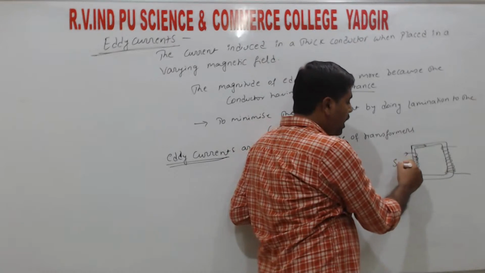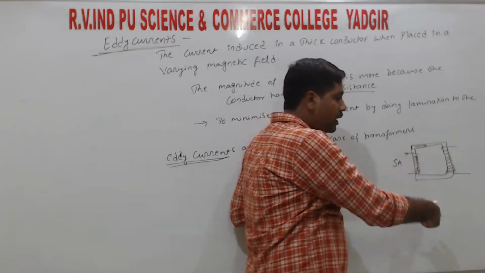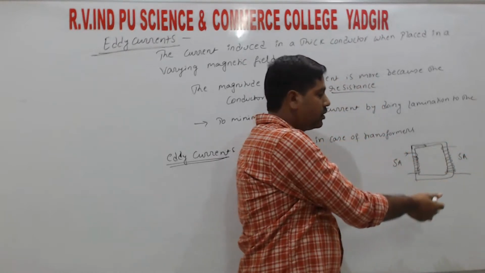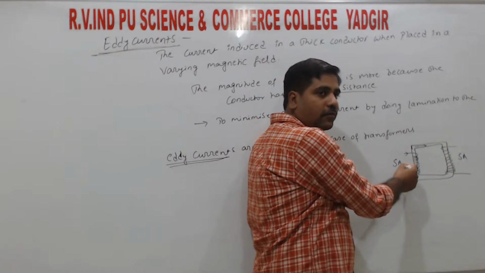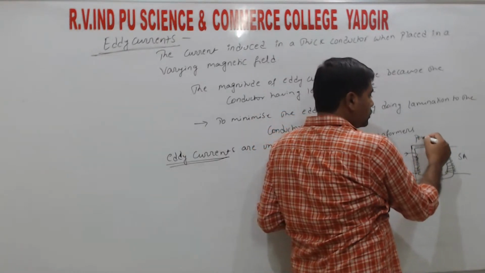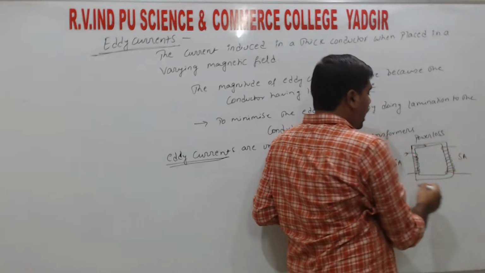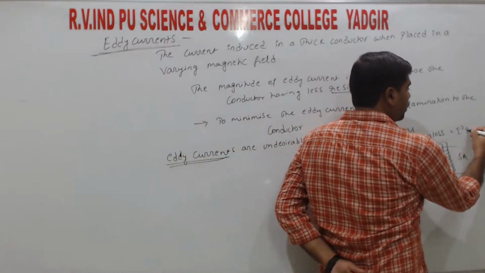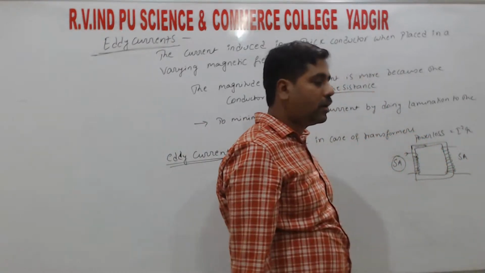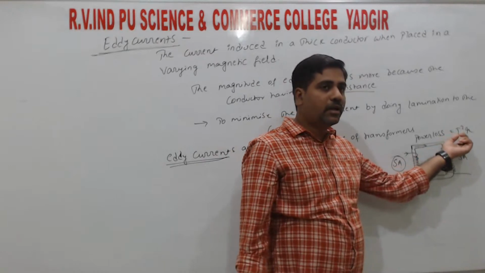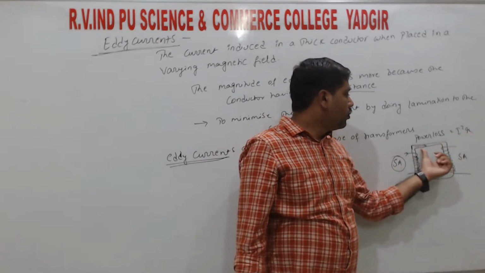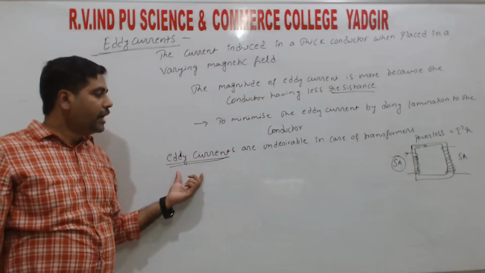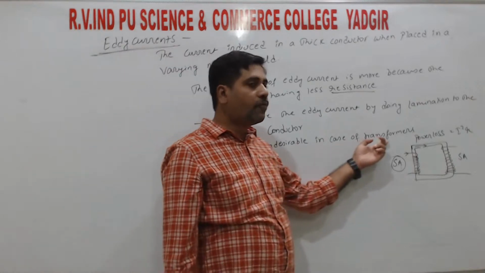If we send 5 amperes of current, we do not get exactly 5 amperes; we get less. That means there is a loss in the transformer, that is, a power loss. Since the current value reduces, there is power loss, because the relation is I squared R. That is one demerit of eddy currents, so eddy currents are undesirable in a transformer.